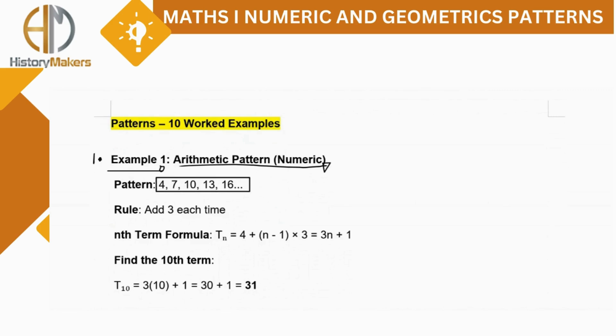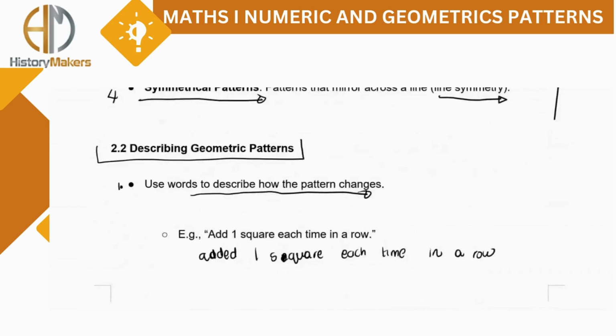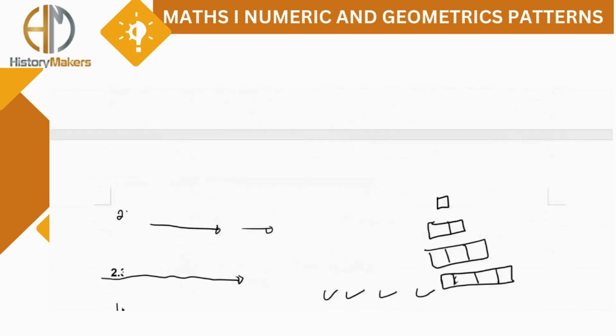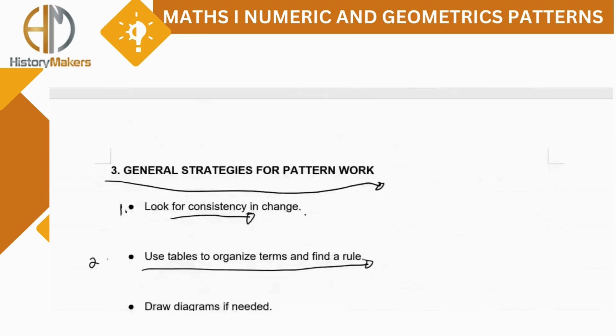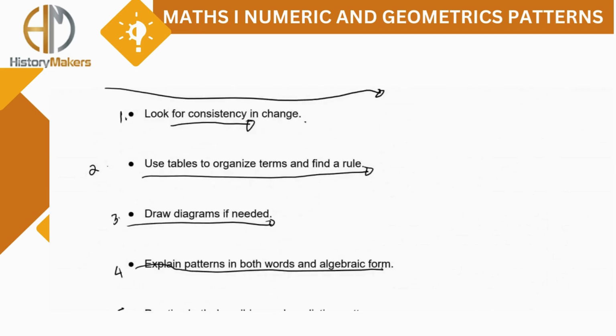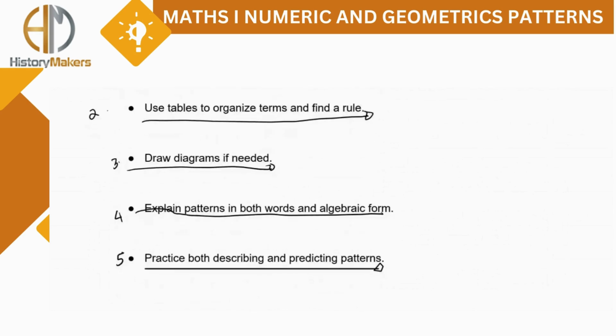So remember our key points we learned about how we can strategize on a numerical pattern. The first one was we look for consistency in change. We can use a table to organize the terms and find a rule. We can draw diagrams if needed, and we can explain patterns both in words and algebraic form.